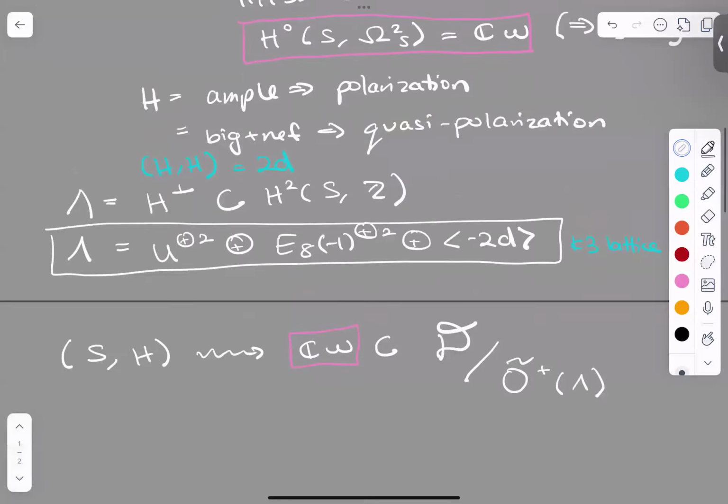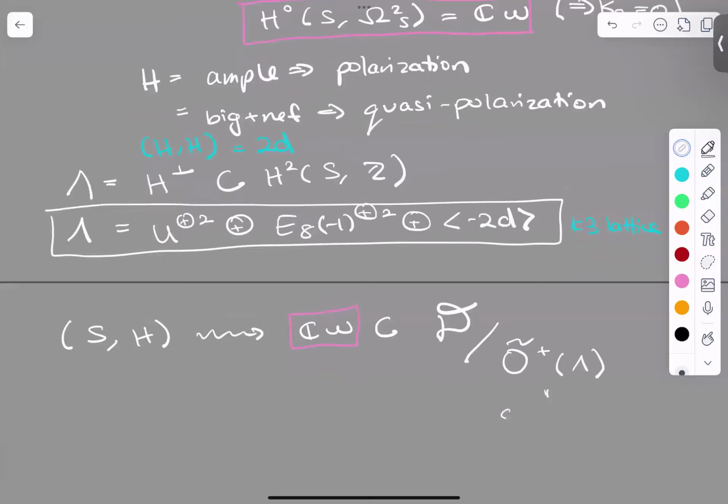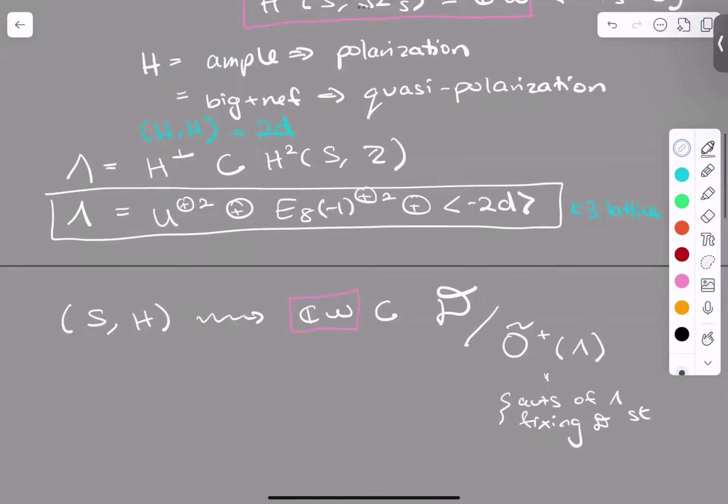Previously, these are automorphisms of lambda fixing delta such that I have the added condition that they act trivially on the discriminant group of my lattice.